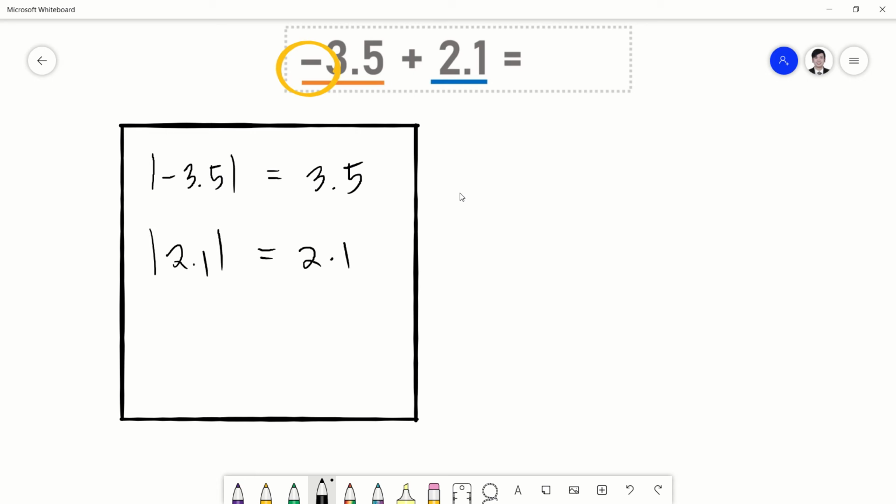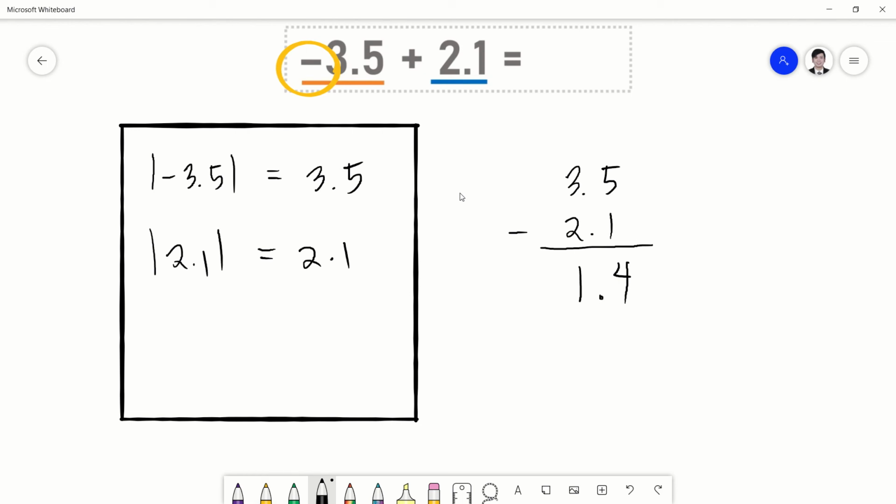So we need to subtract them. 3.5 is greater than 2.1, so 3.5, align the decimal point, and then subtract. 5 minus 1 is 4, 3 minus 2 is 1. Then align the decimal point, so you have 1.4.